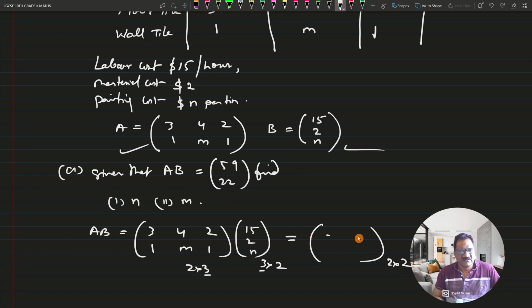So let us try to find out this 2 by 2 matrix. These are the places that you have to fill up. To fill up this position, first row and first column you are going to multiply.